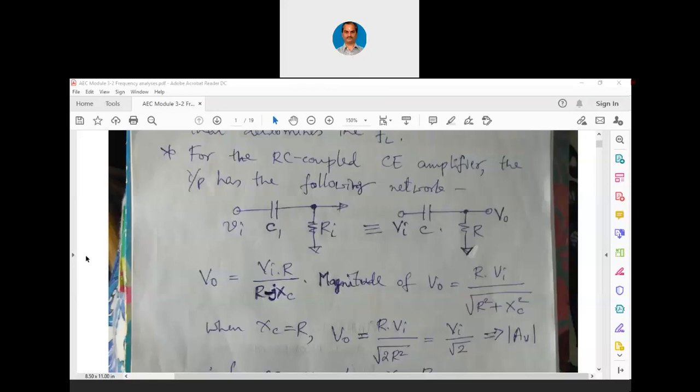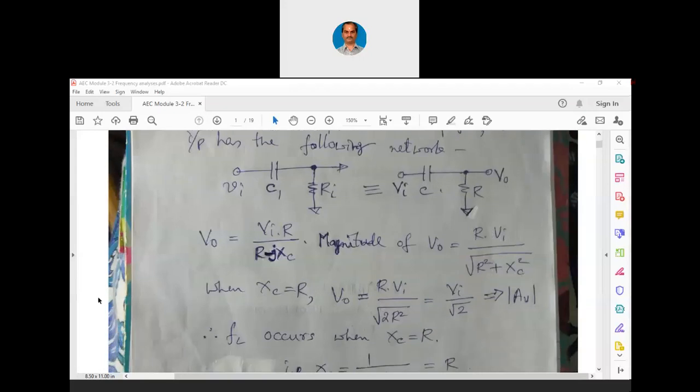You have already gone through all of them in the mathematical courses. So V naught equals R into Vi by square root of R square plus XC square. Now when XC equals R, we will have V naught equals R into Vi by square root of 2R square, which is nothing but that R gets cancelled, and we will have Vi by root 2.